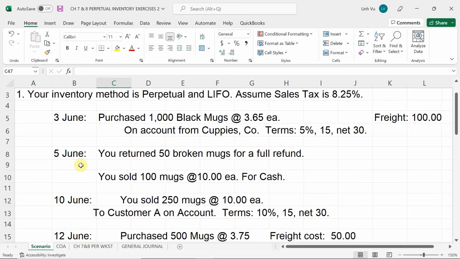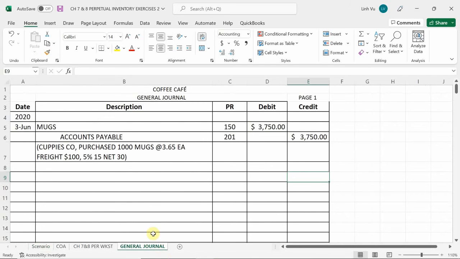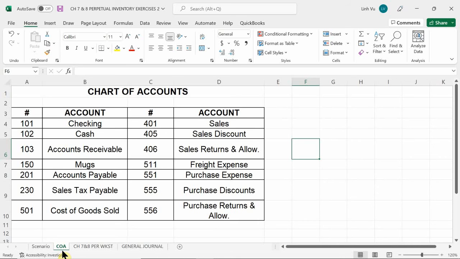So next, on June 5th, you end up returning 50 broken mugs for a full refund. So, taking a look at my chart of accounts, if I'm getting a refund, right? Since I put everything and placed everything into inventory, that means I must take out those 50 mugs out of my inventory. And then, because I never paid for my mugs, I'm going to reduce my accounts payable.